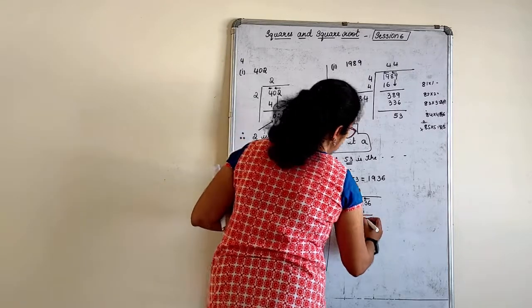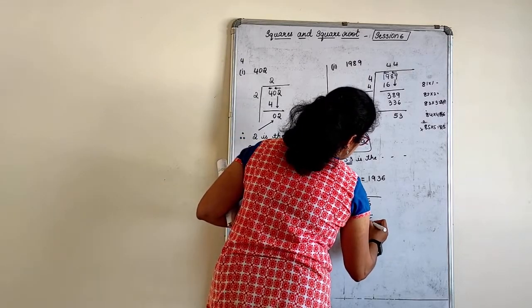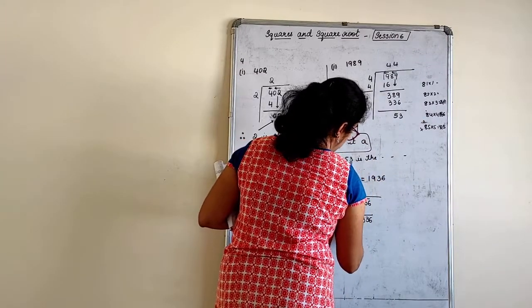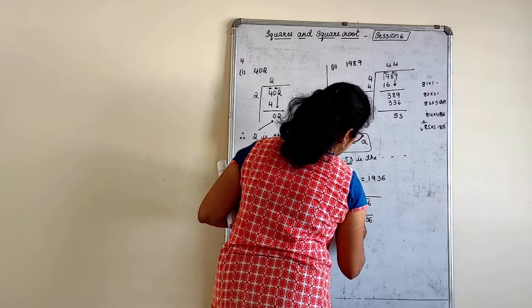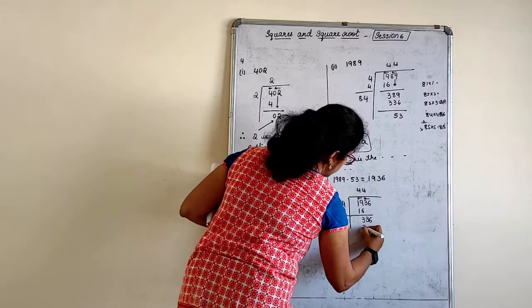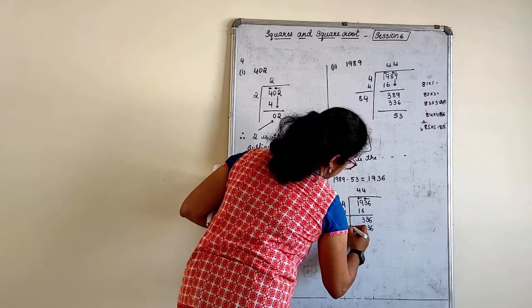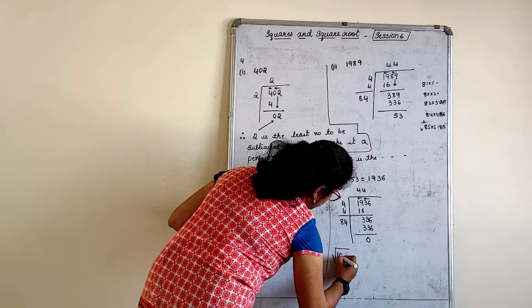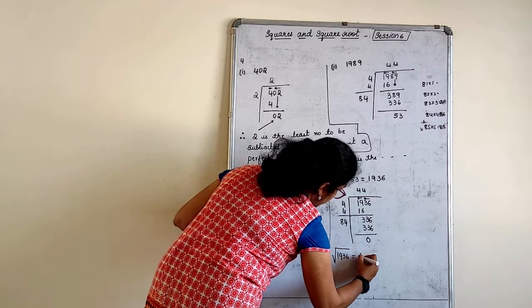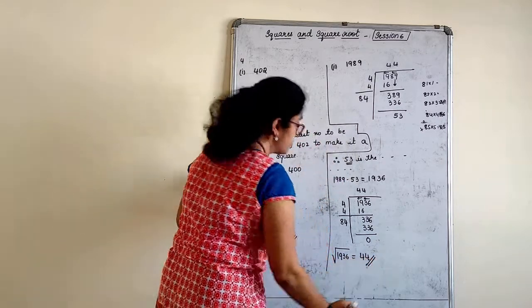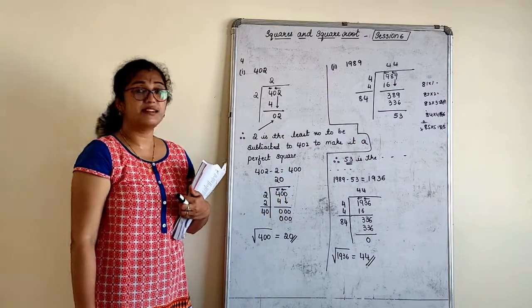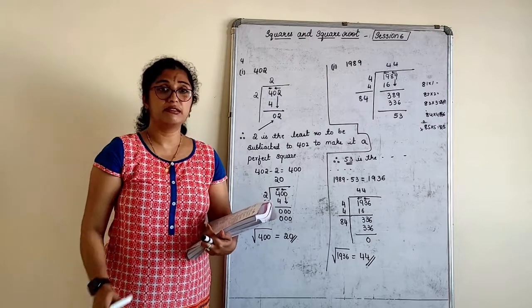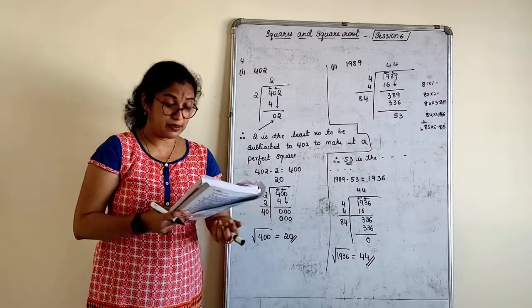What is the remainder? Same thing. 336. 4 plus 4 is 8. 84 4s are 336. Right? The square root of 1936 is 44. This is how you do it. Just find the remainder. Now you are perfect with the division method. Find the remainder. The remainder is the final number to be subtracted.